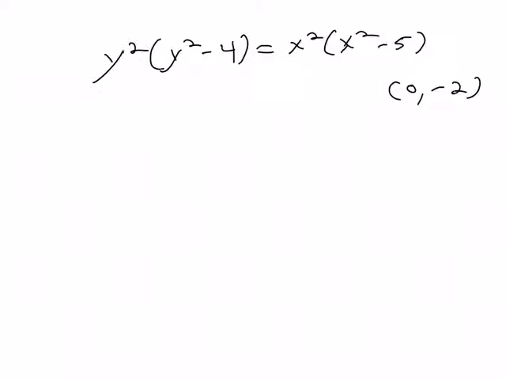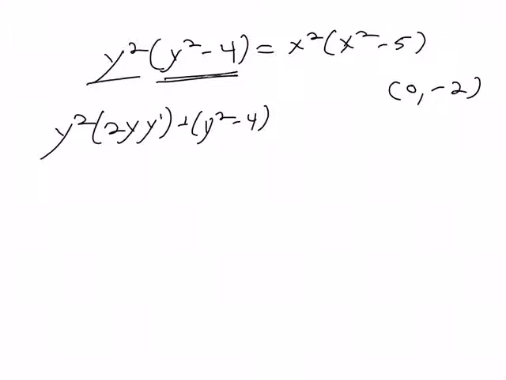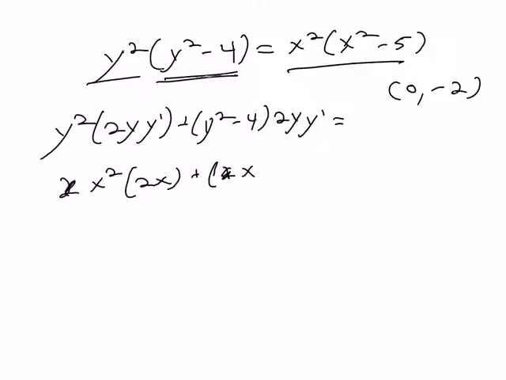So what we have now is y squared times the derivative of that, which is 2y y prime, plus this, which is y squared minus 4 times the derivative of this, which is 2y y prime, is equal to the derivative of this, which is x squared 2x, plus x squared minus 5 2x.